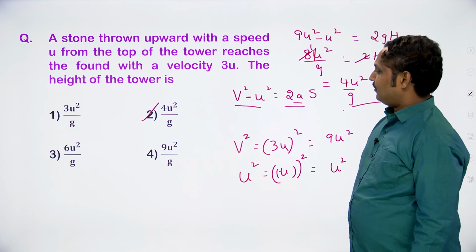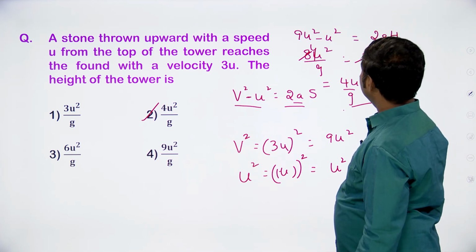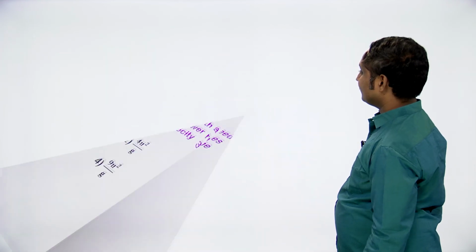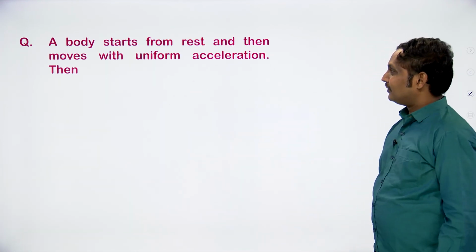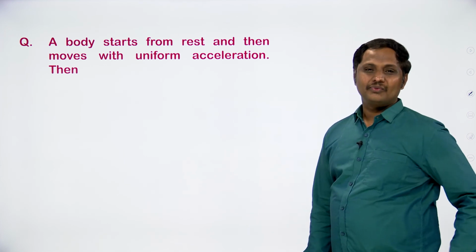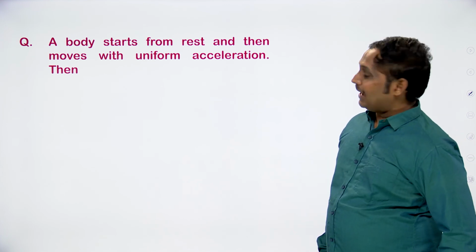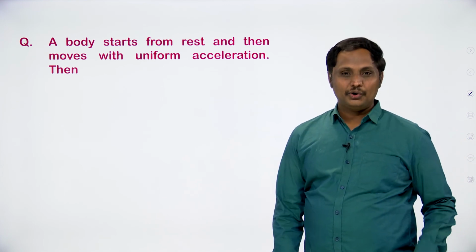Okay, so let us have a look at the next matter, we can easily solve the problem, right. A body starts from rest and then moves with a uniform acceleration. Then what can you say about this?